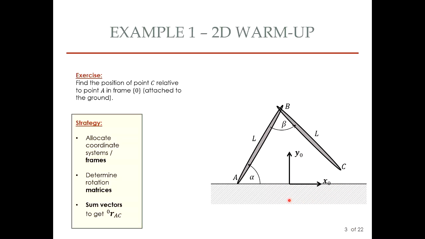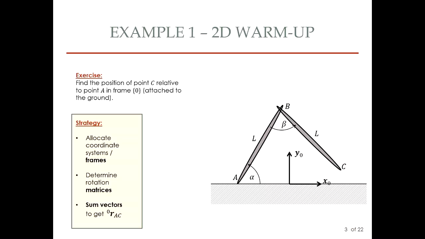Now, can you do it without fancy rotation matrices? Definitely. But what I want to illustrate is how to use what we've learned, and then we can move on to more complicated examples that you will really struggle to do without rotation matrices, all right? Just keep in mind, we are trying to find this vector from A to C. It will depend potentially on these alpha and beta. And we can find this vector in any coordinate system that we want.